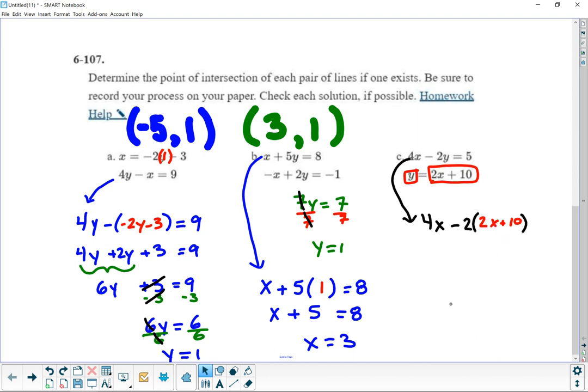Okay, like that. So 4x minus 2y. Remember, instead of y, we're going to put in 2x plus 10, and then that's going to equal 5.